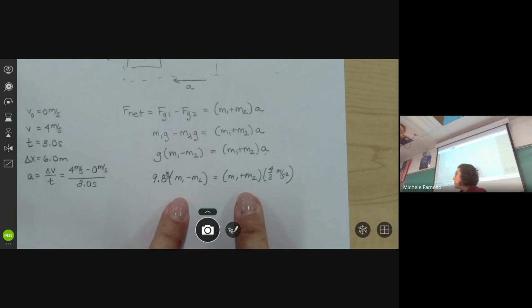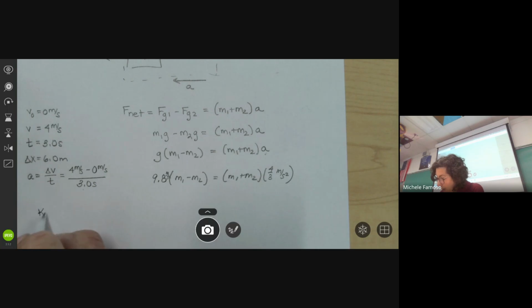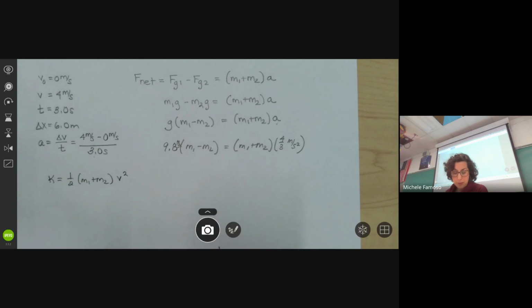Now, I do have two unknowns, which means I need another equation to help eliminate, and that's going to come from the kinetic energy. You are told that the kinetic energy of the system, which can be found with that equation, ends up being 80 joules.